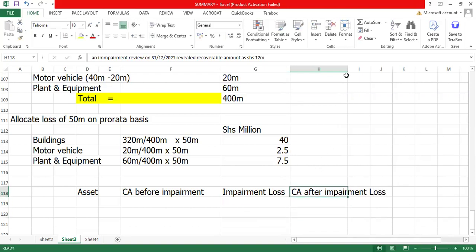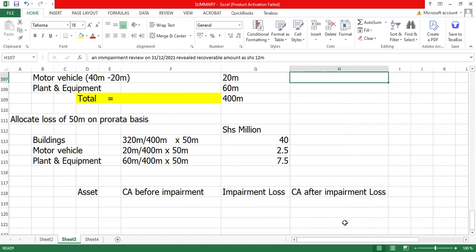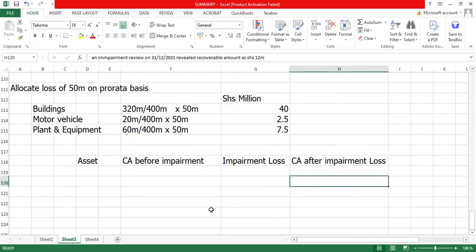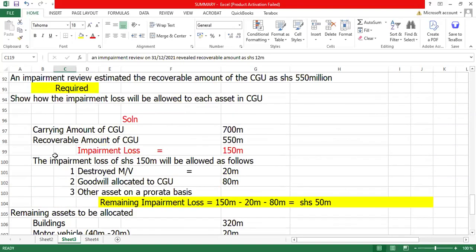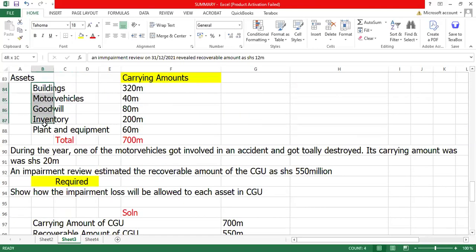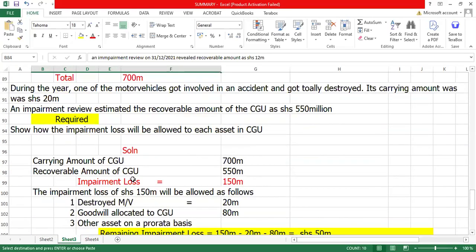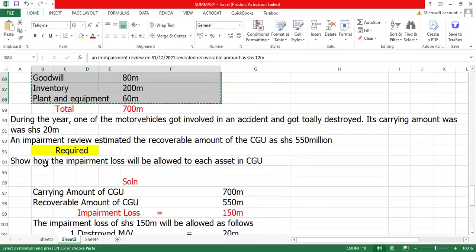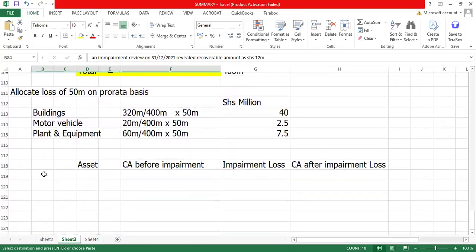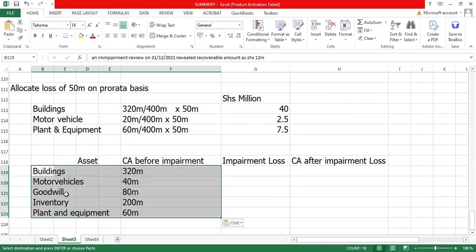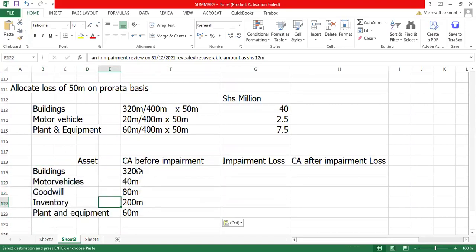So you need those 4 columns. Why? We needed to know how each asset will be left at how much. So you have the assets, you have buildings. You list all these assets the way you have them here, and their corresponding impairment.